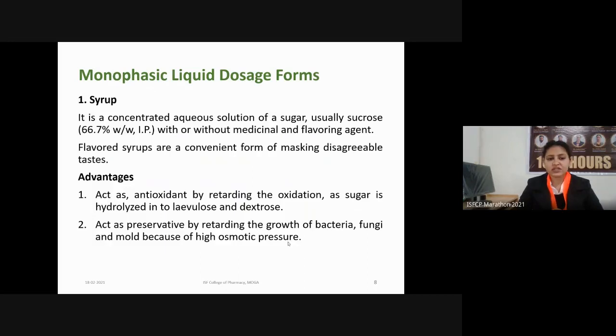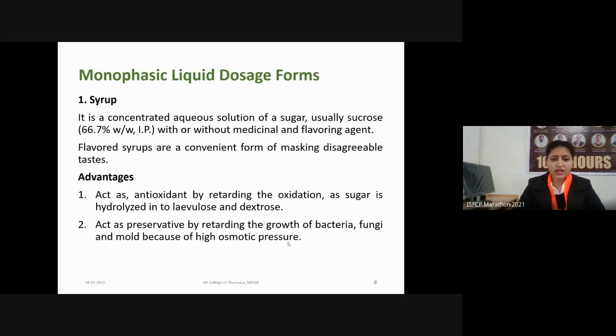It means syrups are monophasic liquid dosage forms. If we want to prepare a syrup, we have to take sucrose in the concentration of 66.7% weight by weight, which is the formula given in IP. These syrups can be flavored or medicated, or we can use them as a vehicle also.